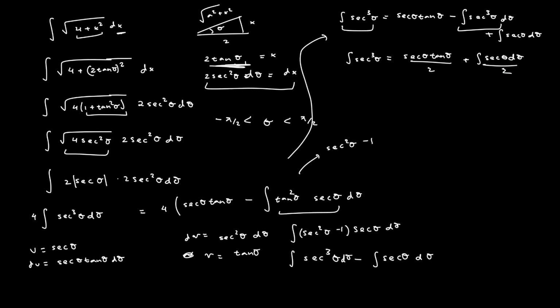And so let's work with that on another page. So yeah, this is a complex integral, and that's usually the case with trigonometric substitutions, but there's really not much else you can do. So a trick to find out this integral is we multiply our integrand by secant theta plus tangent theta over secant theta plus tangent theta.